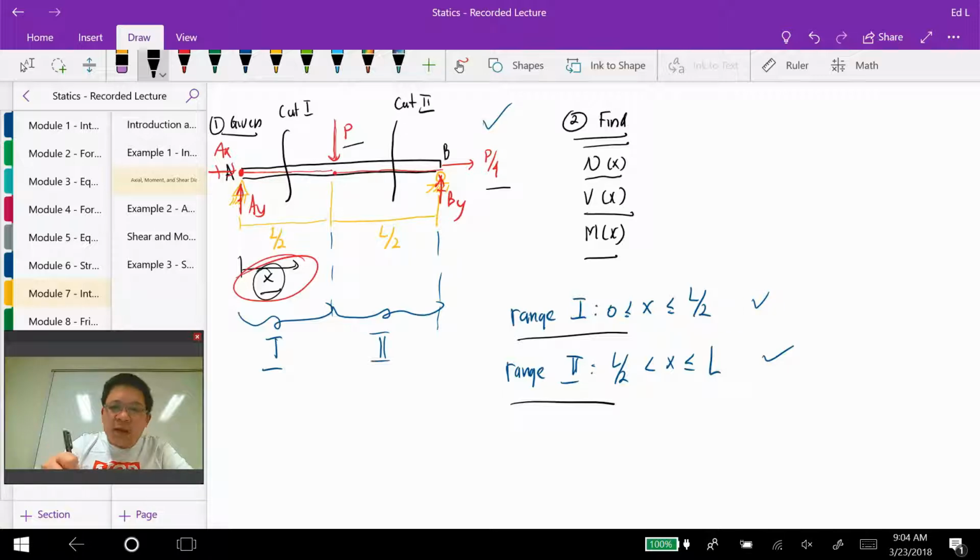Where are cut 1 and cut 2 located? We don't know exactly, but it should be somewhere within the ranges that we already defined.